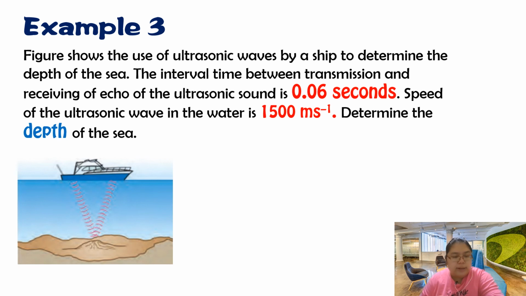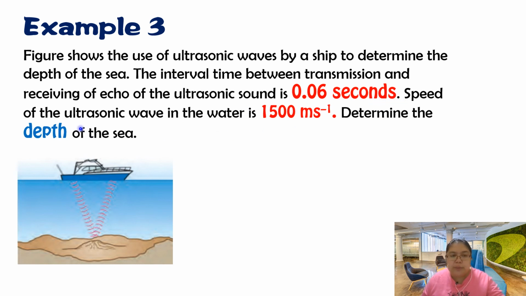Okay, then we're going to see example 3. Example 3 shows an ultrasonic wave from a ship, they want to determine the depth of the sea. When they say depth of the sea, understood, you need to divide by 2. The interval time between the transmission and receiving the echo of the ultrasonic sound is 0.06 seconds.